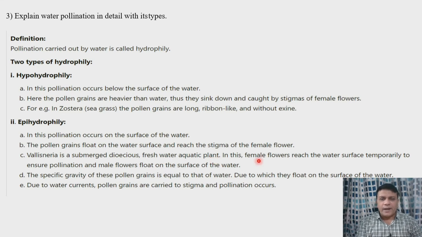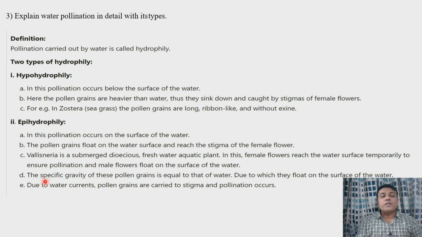So in this plant, the female flowers reach the water surface temporarily to ensure pollination, and male flowers float on the surface of water and come in contact with these female flowers.